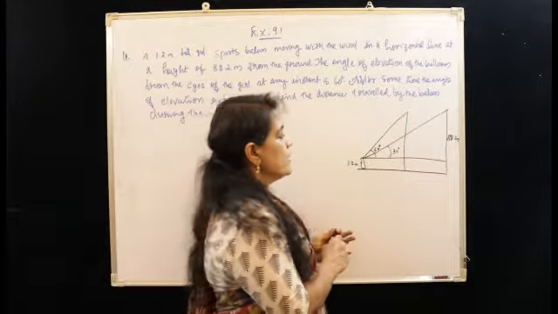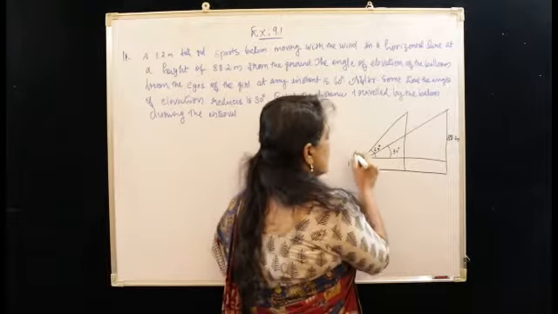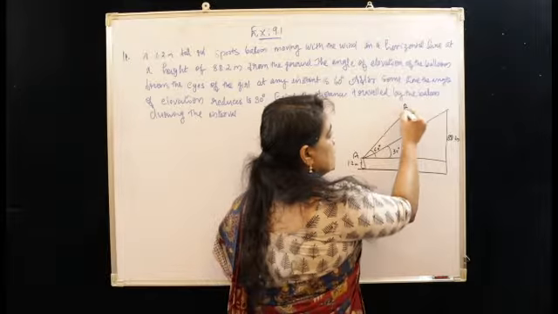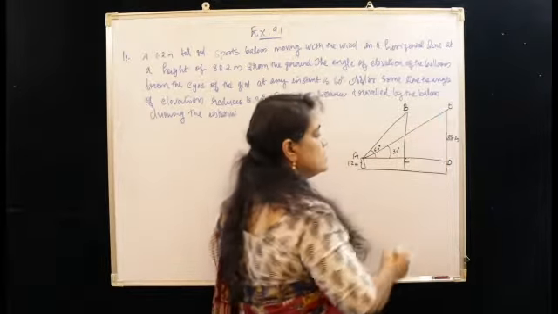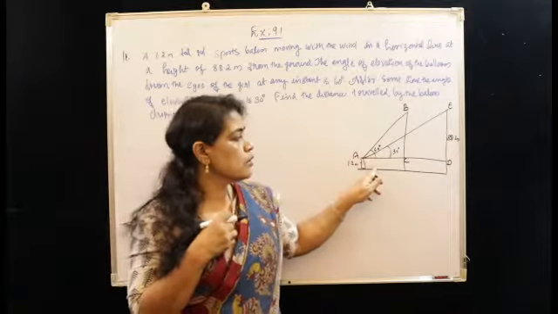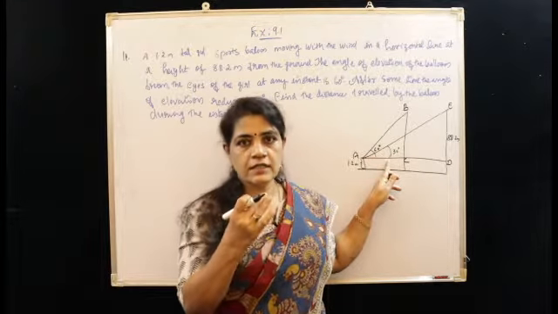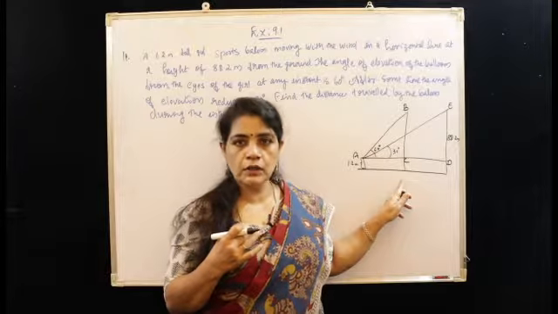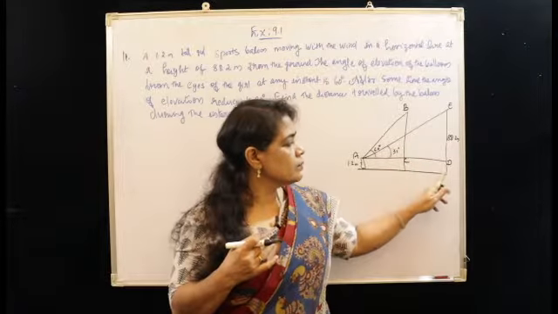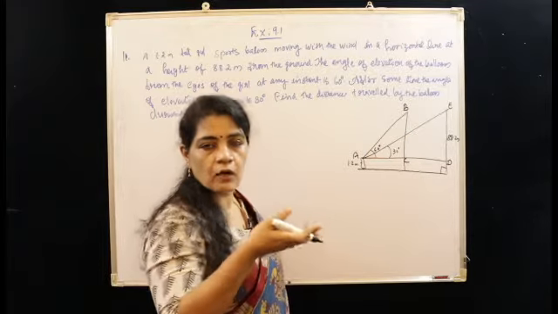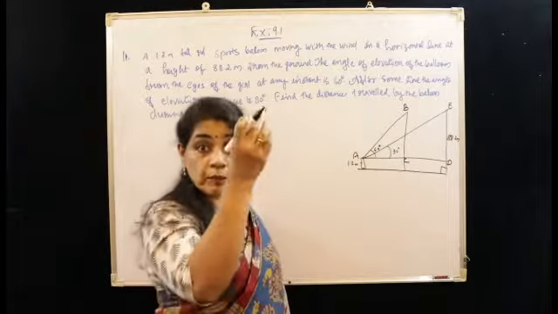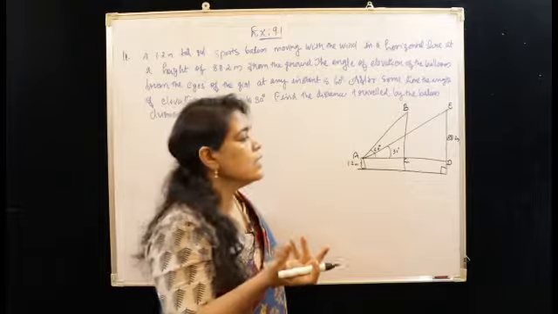First of all, we can name these points: starting point A, B, C, D and E. Here this horizontal level, the first side, is parallel to the ground, and here it makes 90 degree, that is the height, the perpendicular distance of the balloon from the ground.